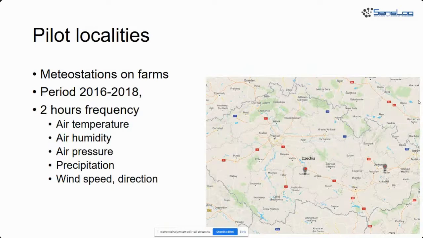We have two different meteo station records, and to be able to compare this data, we have selected 5 phenomena we were observing on both localities. So it's mainly air temperature, humidity, pressure, precipitation and wind characteristics. With this 2 hour frequency, we are able to compare data of these localities.